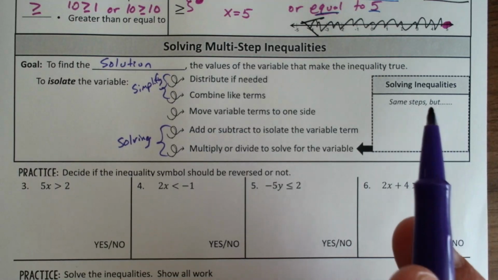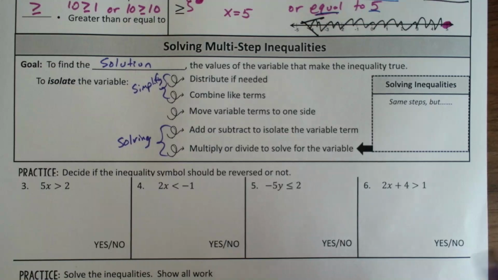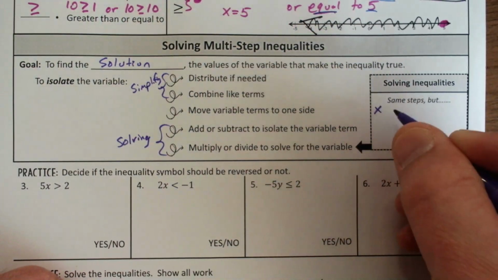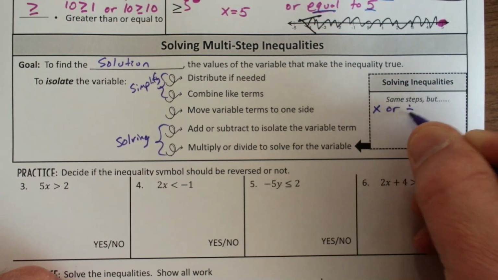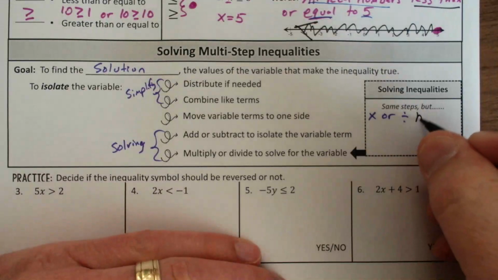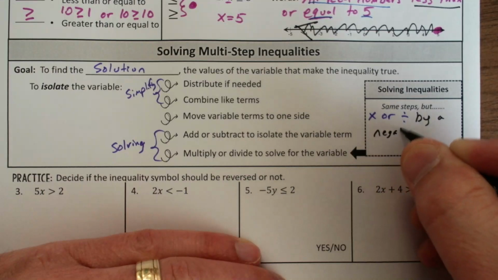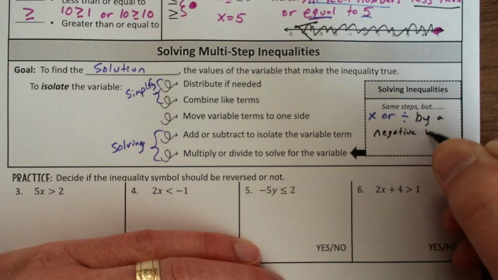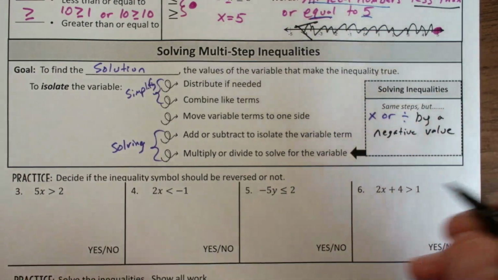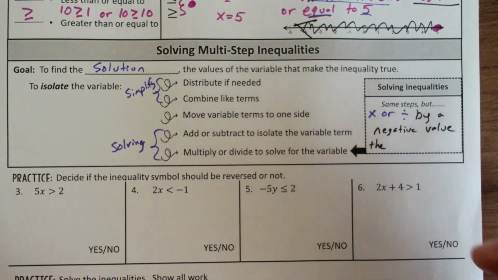They're all the same steps, but when you multiply or divide by a negative value, the sign flips or the sign reverses.